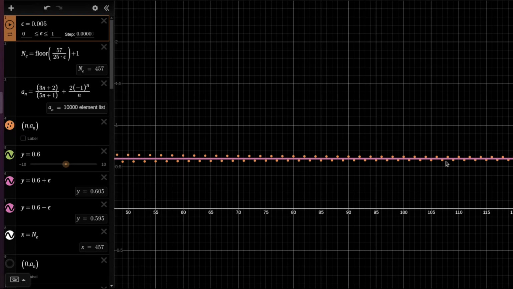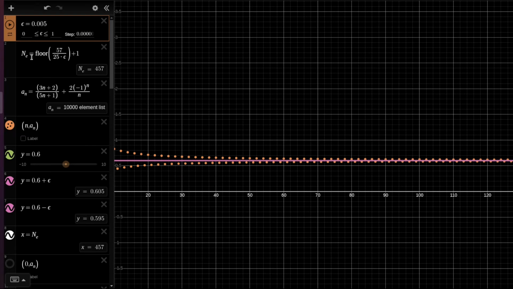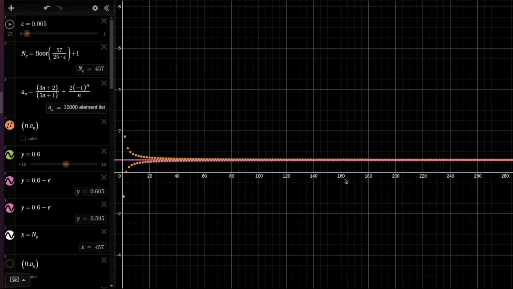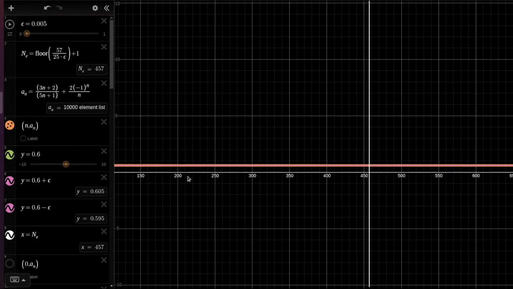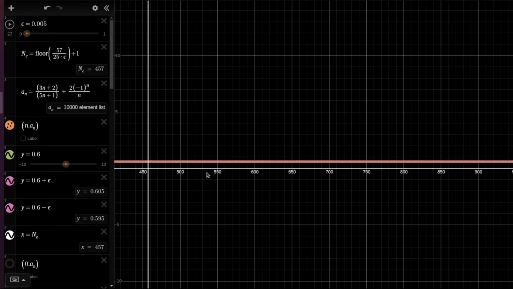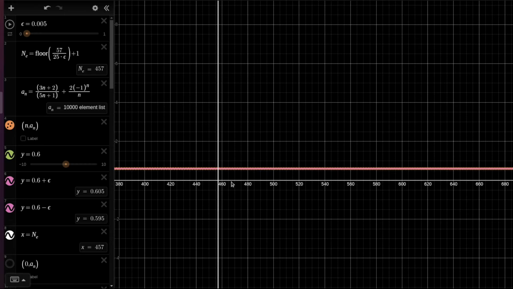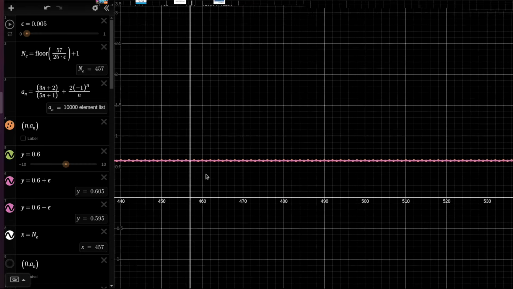Okay, so let's see how far. This n of epsilon has become bigger. So let's see how far we need to go with the sequence. So there it is. There is this n of epsilon. It's computed. It autocorrects. It adjusts dynamically.